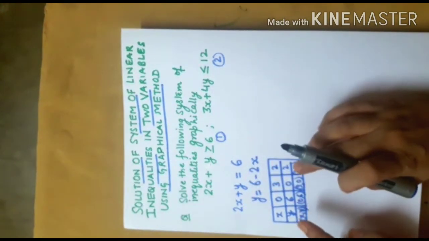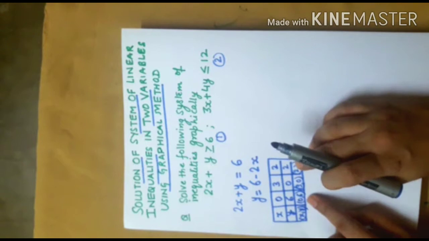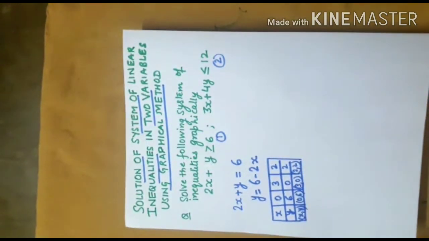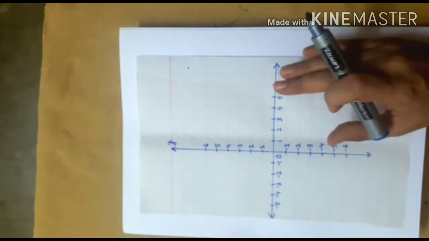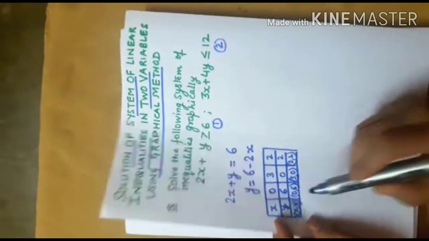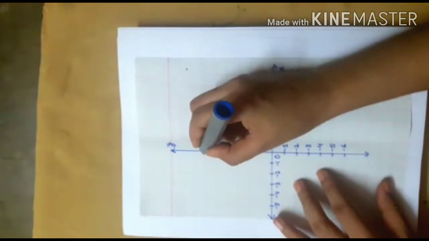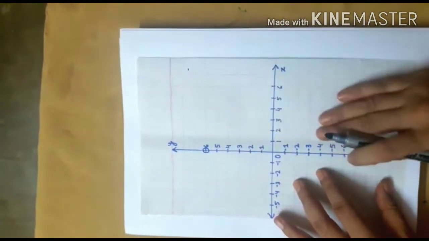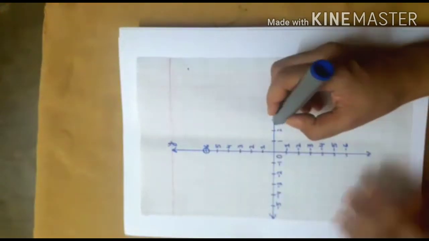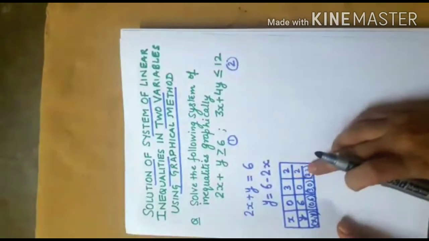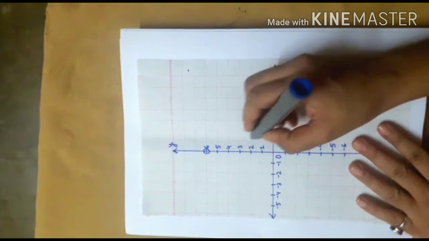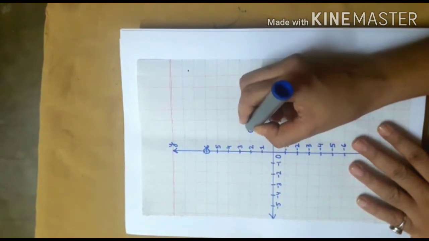Now I will plot these three ordered pairs on the graph paper. This is the Cartesian plane. The first ordered pair is 0 comma 6, so 0 comma 6 will lie here. Next is 3 comma 0, it lies here. And next we have 2 comma 2, here.